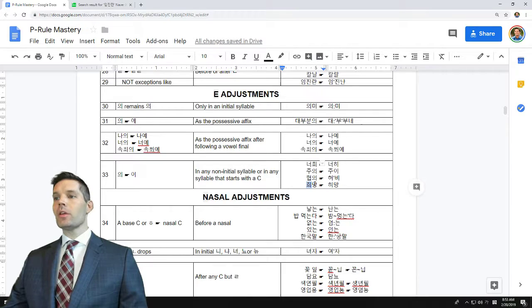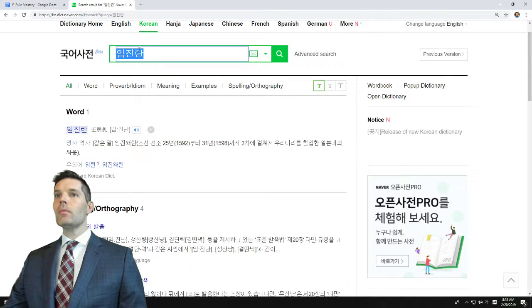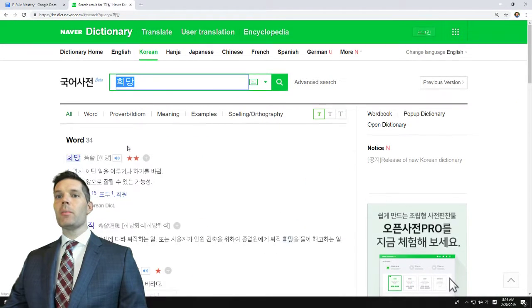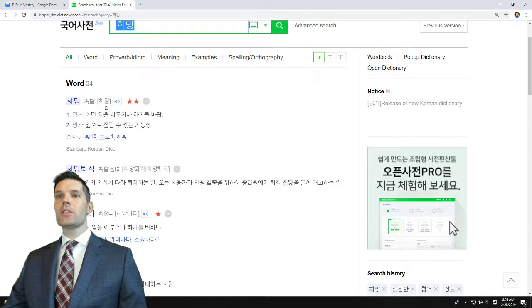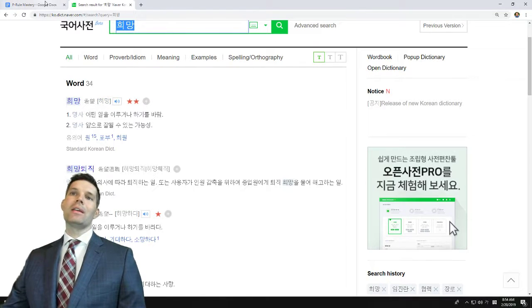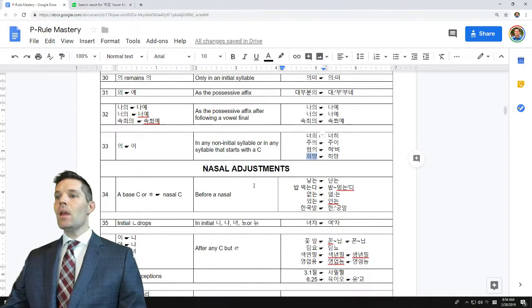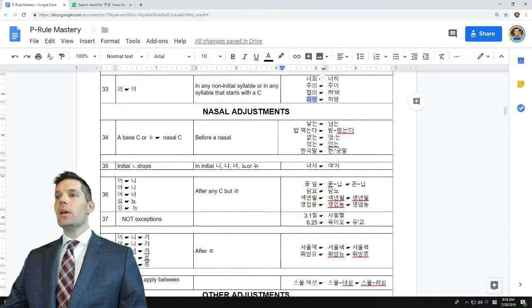I thought this one was really interesting because these are things that you hear, but to see these in dictionaries is really interesting, where even a Korean would have a hard time saying 희망, right? So they just change it to 희망. Nasal sounds. 낳는, 밥 먹는다, 없는, 있는, 한국말, right?